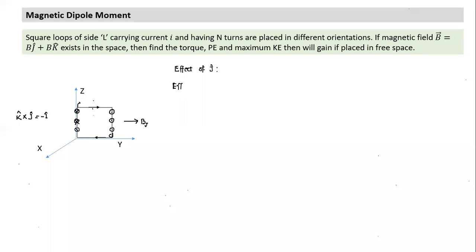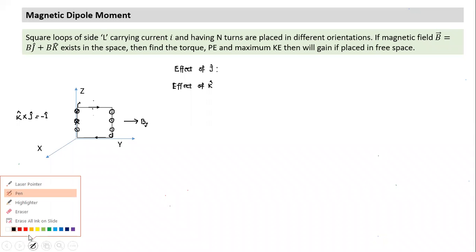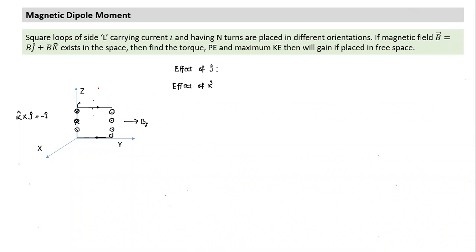What is the effect of the other component? The effect of the K component. Now if I take the effect of the K component, the vertical component, the field is in this direction. Now these two will not experience any force. Force will be experienced only by these two elements. Let's find the direction of force on this element.